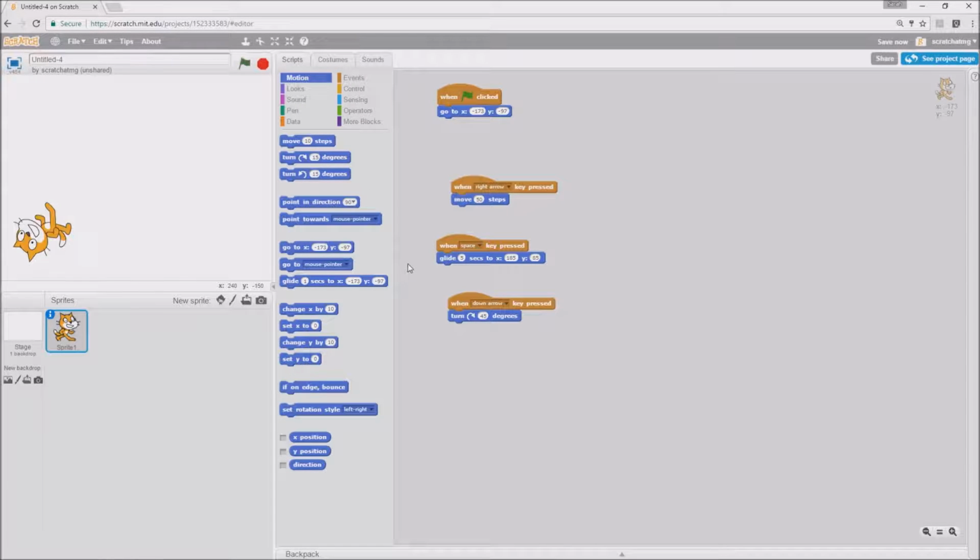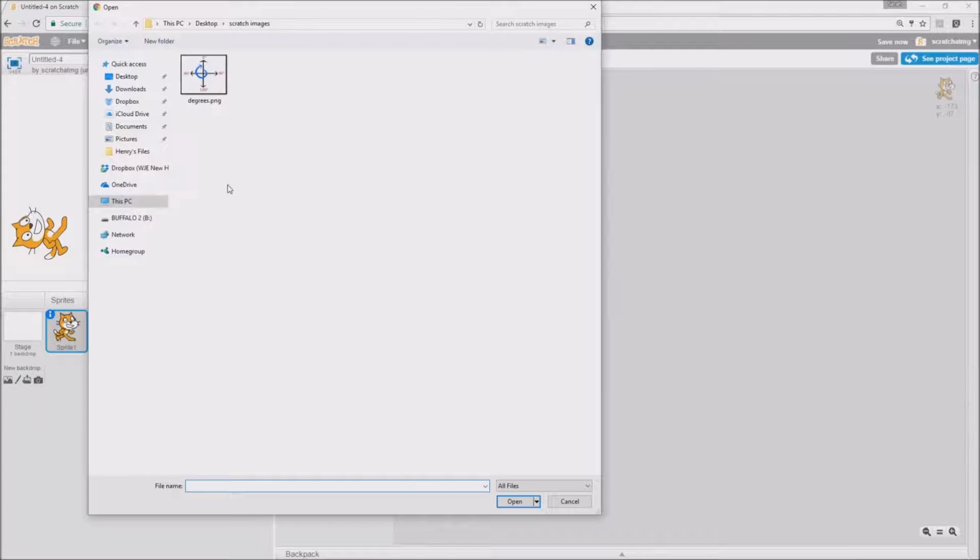There he goes. So again, when we click the green flag, we want him to reset. And he's resetting in the XY position, but he's not resetting in the degrees direction.